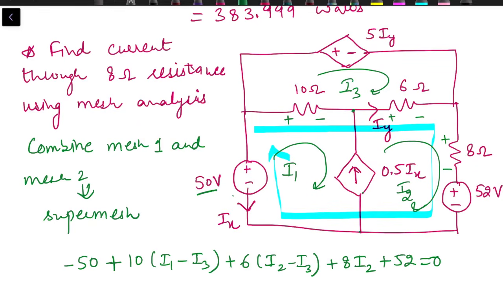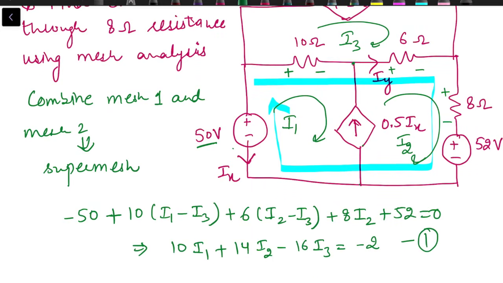So this will give us the equation 10 I1 plus 14 I2 minus 16 I3 equal to minus 2. That is the first equation. Second is the constraint equation.